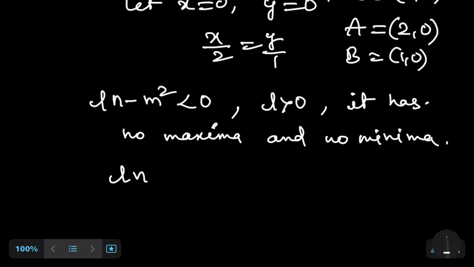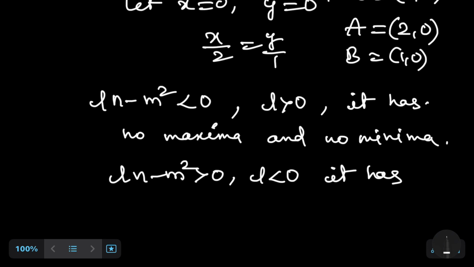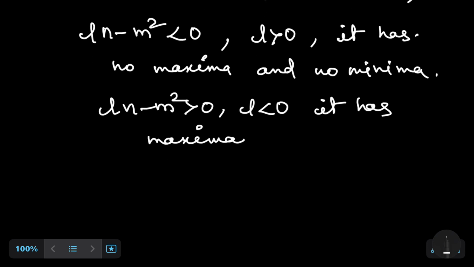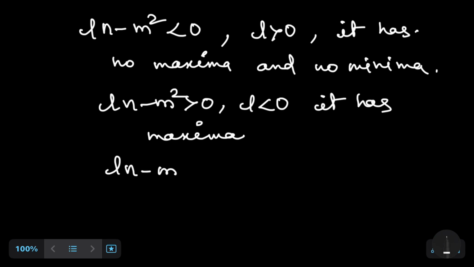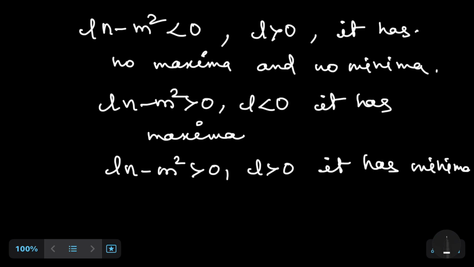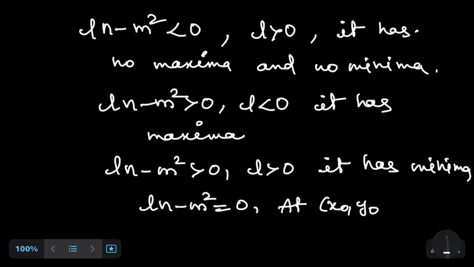If Ln − m² > 0 and L < 0, the function has a maximum. If Ln − m² > 0 and L > 0, it has a minimum. If Ln − m² = 0 at a point (x₀, y₀), it is a saddle point.